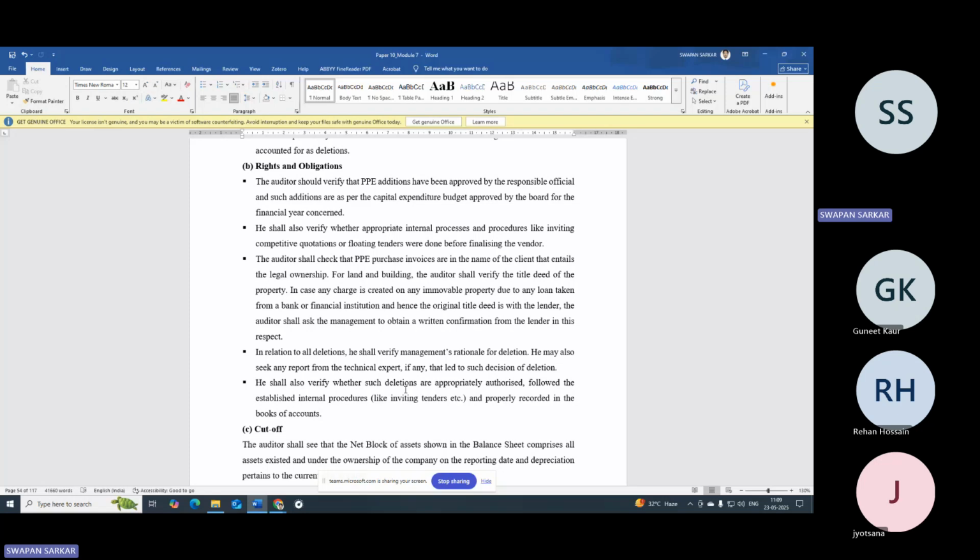The auditor shall ask the management to obtain a written confirmation from the lender in this respect.